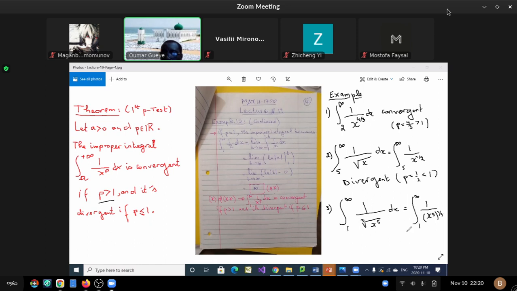And when you drop the brackets, it becomes the integral from 1 to positive infinity of 1 over x to the power 5/3. So here in this case, it's going to be convergent because p is greater than 1. P here is equal to 5/3.